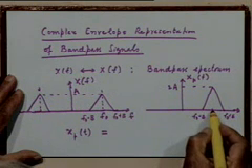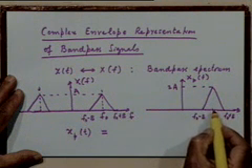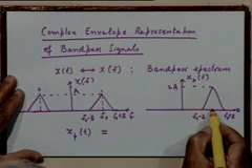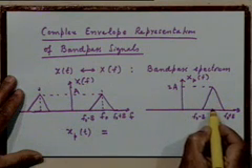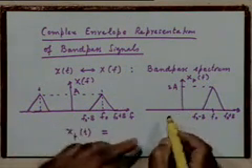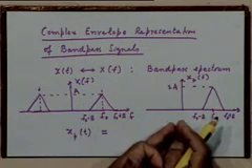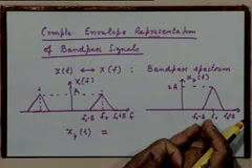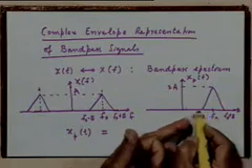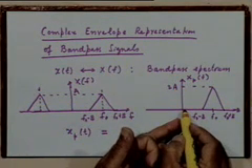Suppose we have chosen a particular bandpass center frequency f0, and I am shifting it. I am considering this signal as a frequency translated version of a low pass signal. The frequency translation is by an amount of f0. Same shape, instead of centering it around f0, I will center it around 0.